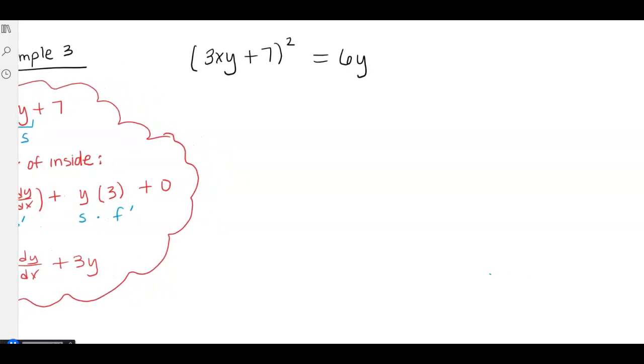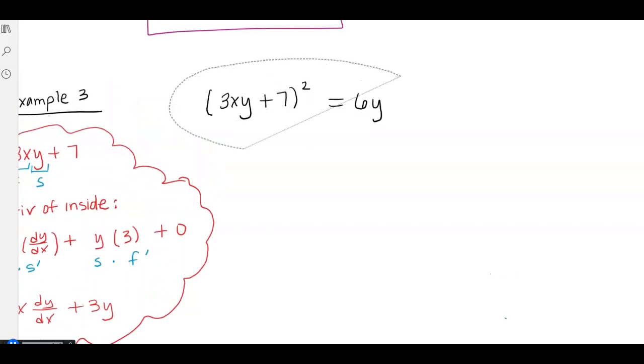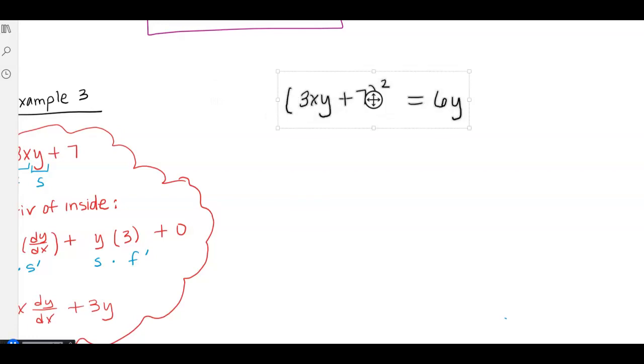All right, so let's go back to our original problem here. Taking the derivative, we're going to have the 2 come down into the front, and then we write what's inside the parentheses just as we see it. The power gets dropped down by 1.